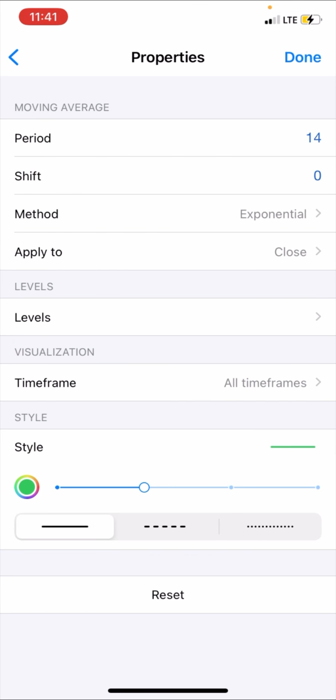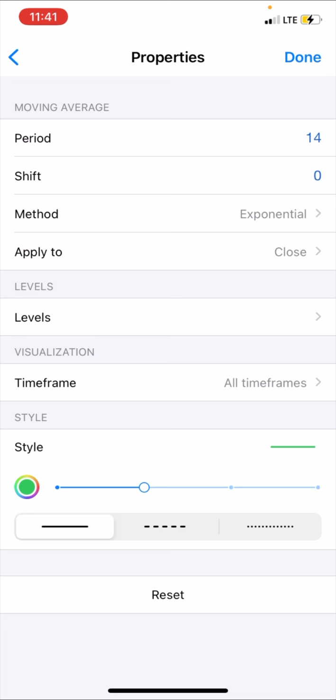The first moving average should be period 14, shift should be 0, method should be exponential, apply to close. Levels are not needed, so you don't need to put anything there. And then for time frame, leave it at all time frames, and please use the same colors that I'm using if you have the white background on, right? If your chart is the white background, please use the same colors that I'm using so that you can easily follow up when I mention the colors.